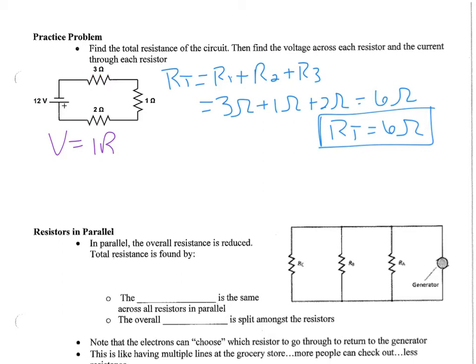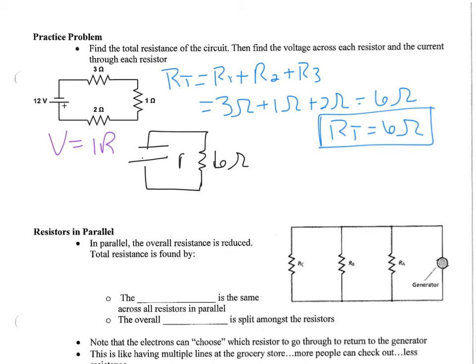So knowing the total resistance, what we want to do is break the circuit down into a very, very simple circuit. So I call it, I guess, reducing the circuit. When we figured out what this was, in other words, the total resistance in series, you can redraw the circuit with one resistor, and that's equal to your 6 ohms.